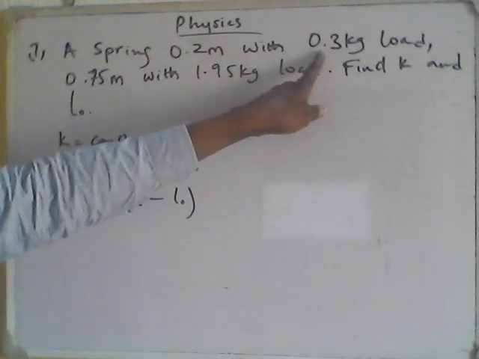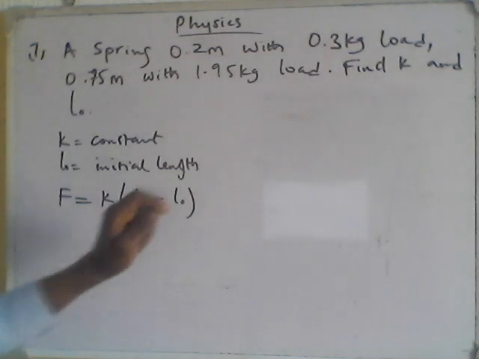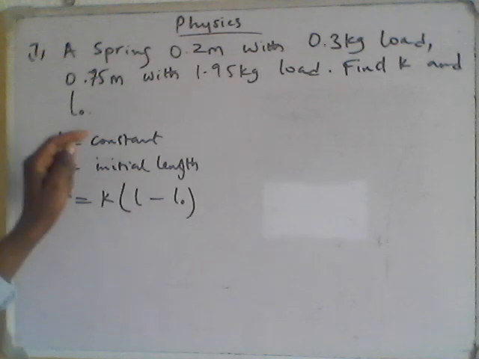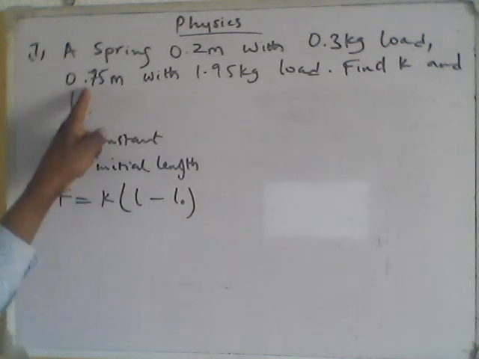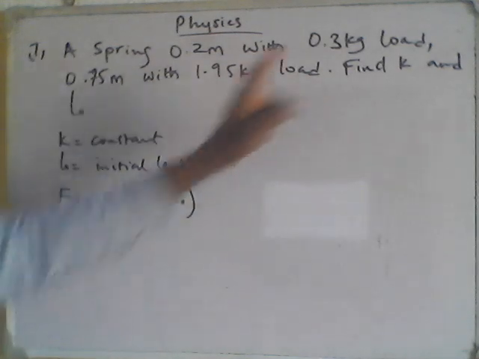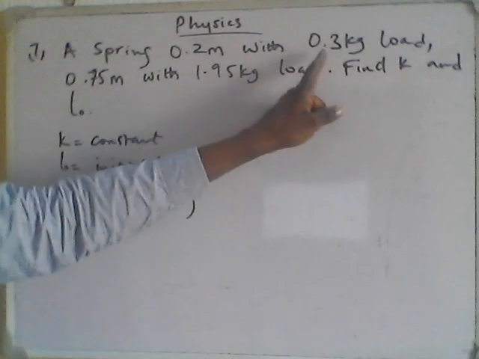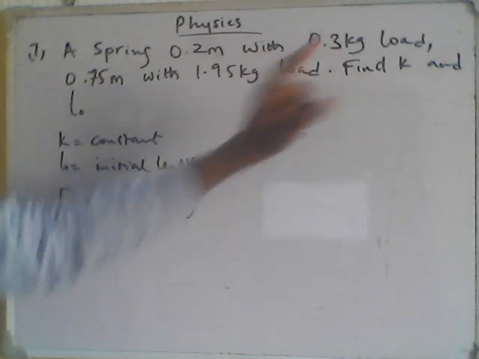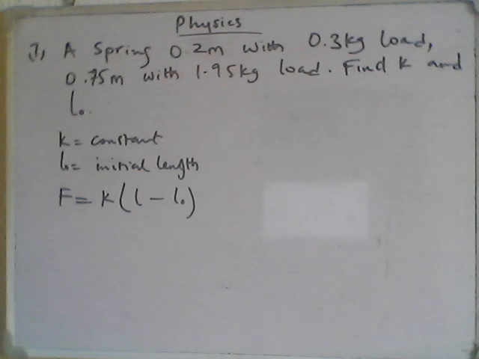And in the second instance, the spring got to this length with this load. Mind you, these are masses in grams and they are not load yet. So I'm going to convert them to load by multiplying by gravity.